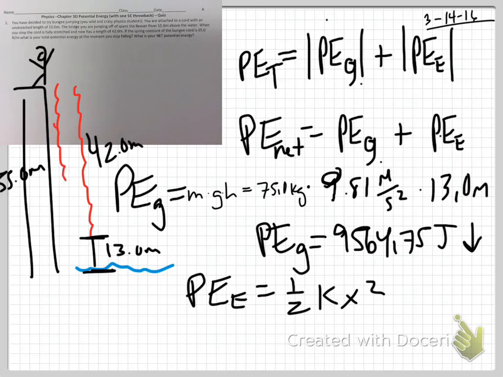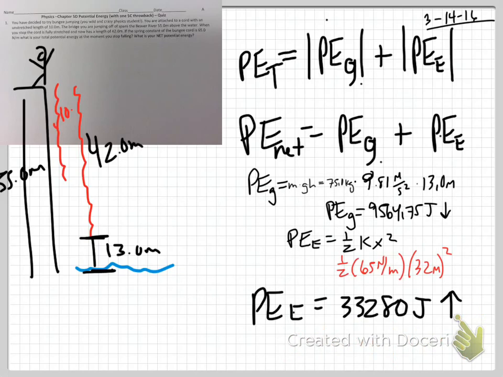We were told that the unstretched bungee was 10 meters, so we've got a difference of 32 meters. So we have 1/2 of 65 newtons per meter times 32 meters squared. For the value of elastic potential energy, we get 33,280 joules, and that potential energy would pull them back upwards. So that's potential to go up.